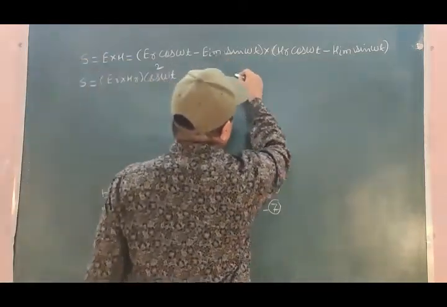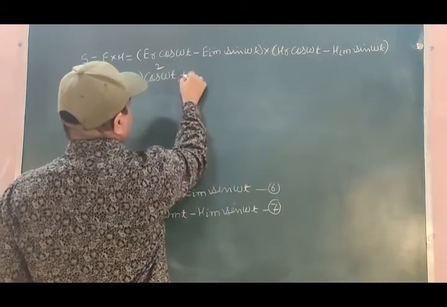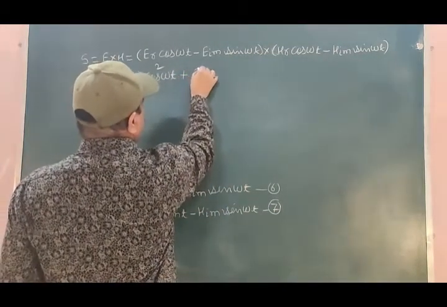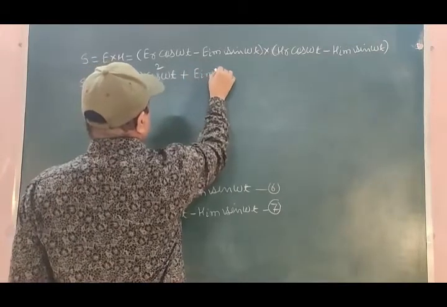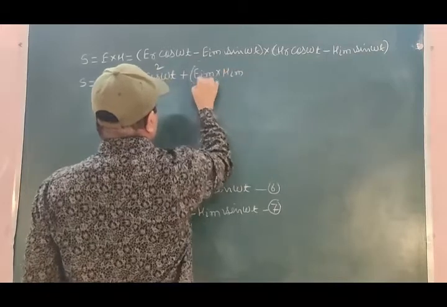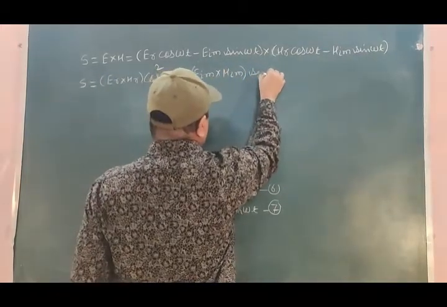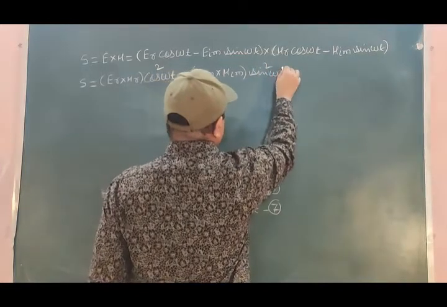Then if we consider these two, minus minus will become plus, EIM cross HIM sin omega t times sin omega t, that is sin square omega t.